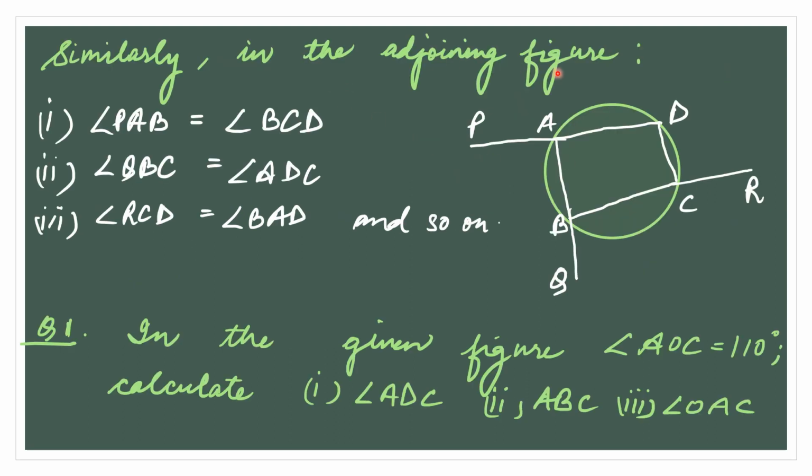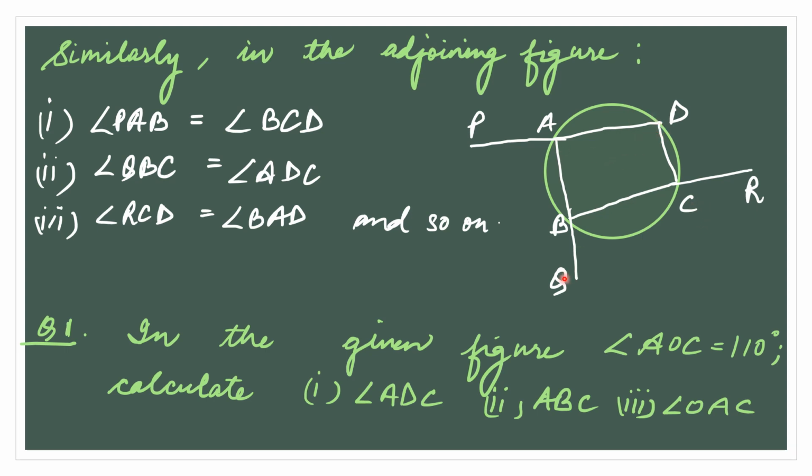Now similarly in the adjoining figure, what you can see, angle PAB will be equal to what? DCB or BCD. It is written here. Suppose we take angle CBQ or QBC, it will be equal to angle ADC, right?